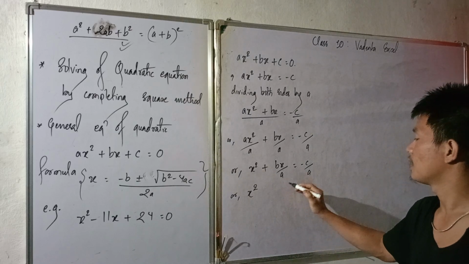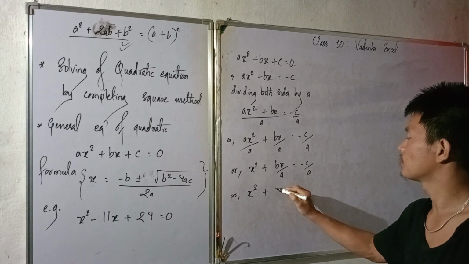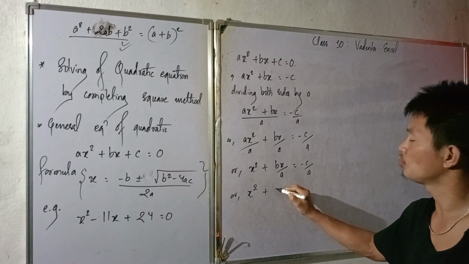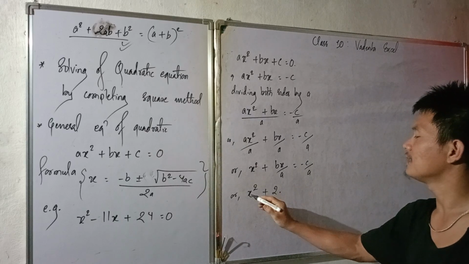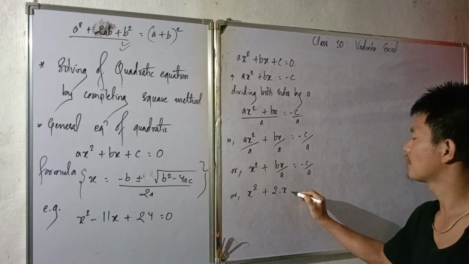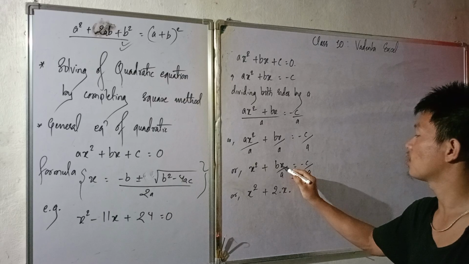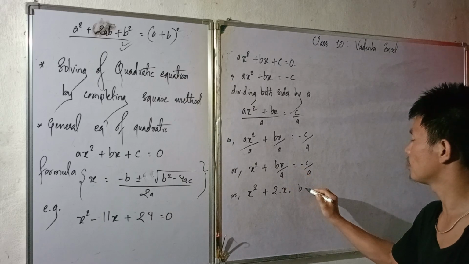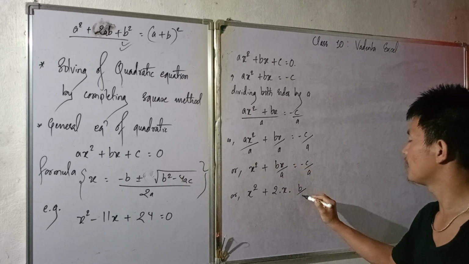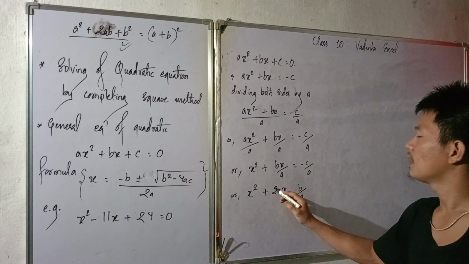Now for the middle term, we need the formula 2ab, where a is this x, and x is already there, so b.